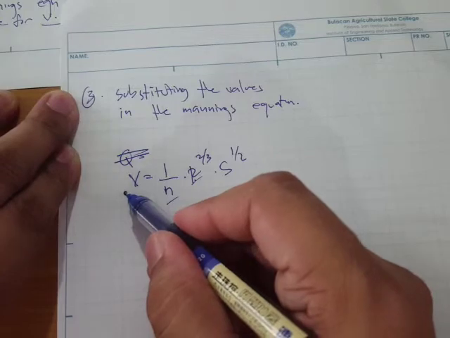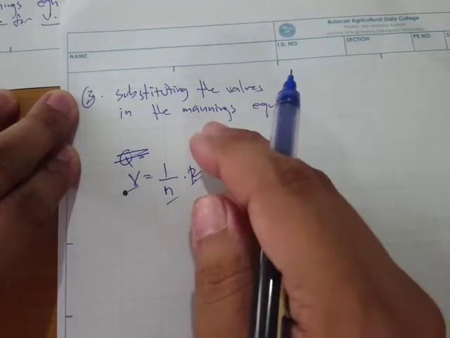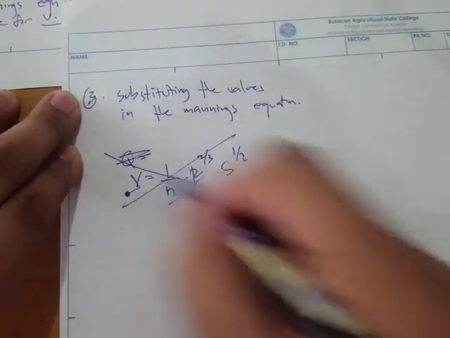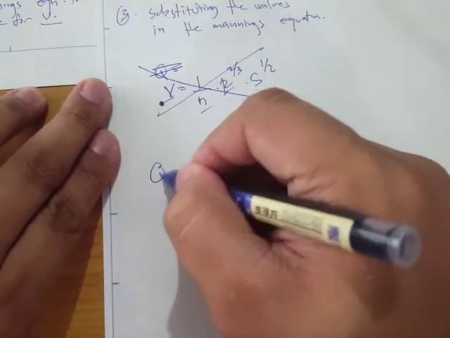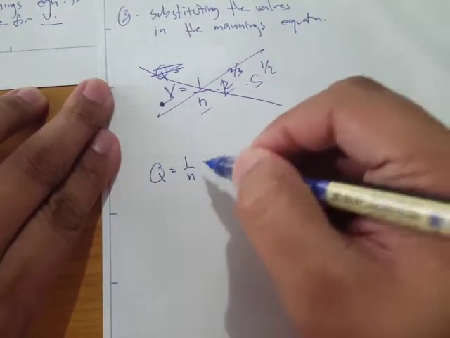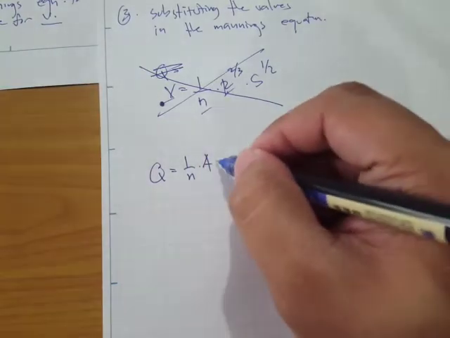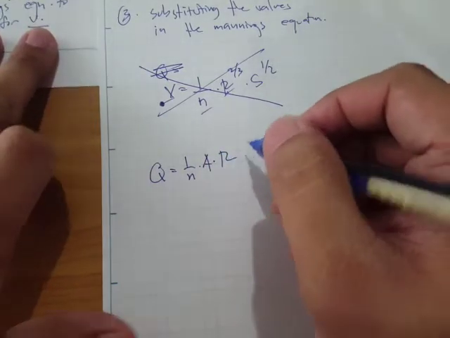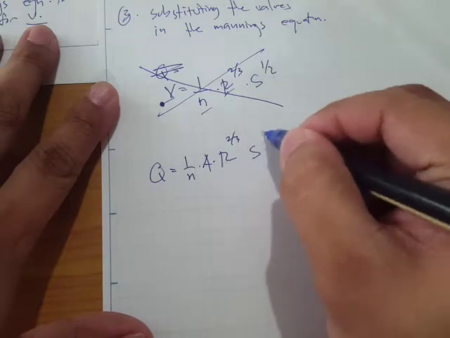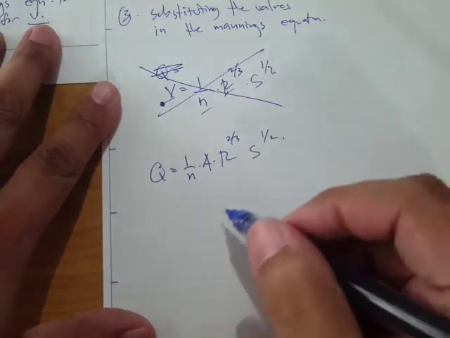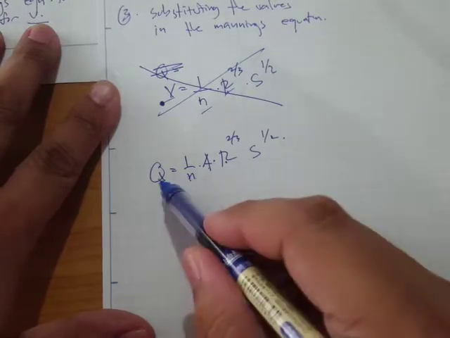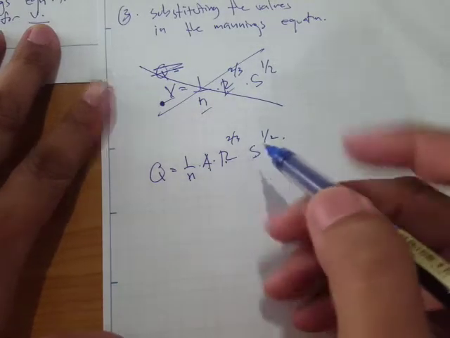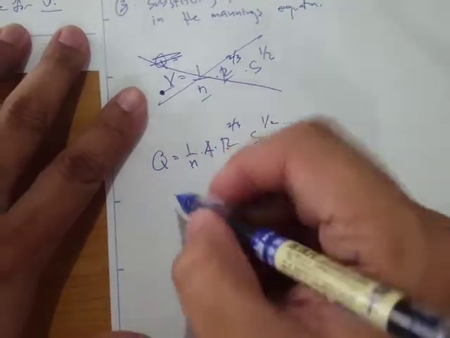Oh no, Q. Sorry, so let's do this again. Once again, Q is equal to 1 all over n times area times R raised to 2/3 S raised to 1/2. So we have R, we have A, we have n, and we have Q, and therefore we can solve for S.